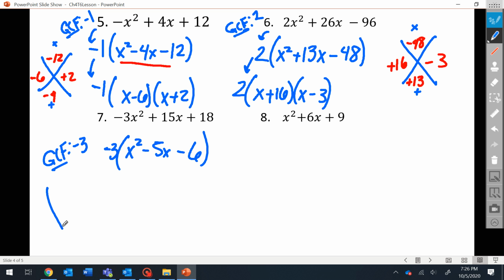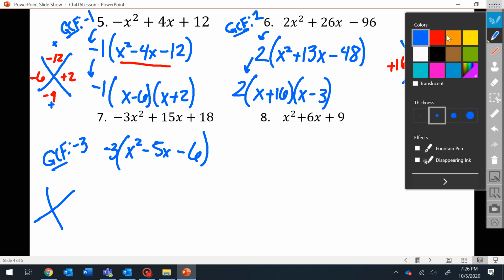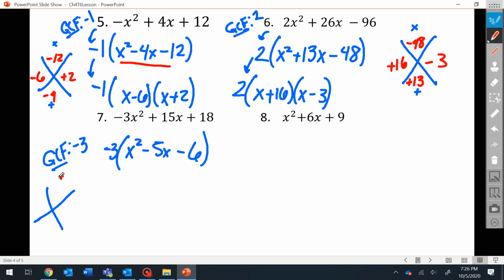And then we can factor this trinomial, x squared minus 5x minus 6, so multiply, add. All right, so negative 6 in the top, negative 5 in the bottom. So two numbers that multiply to negative 6 and add to negative 5. It's going to be negative 6 and positive 1.